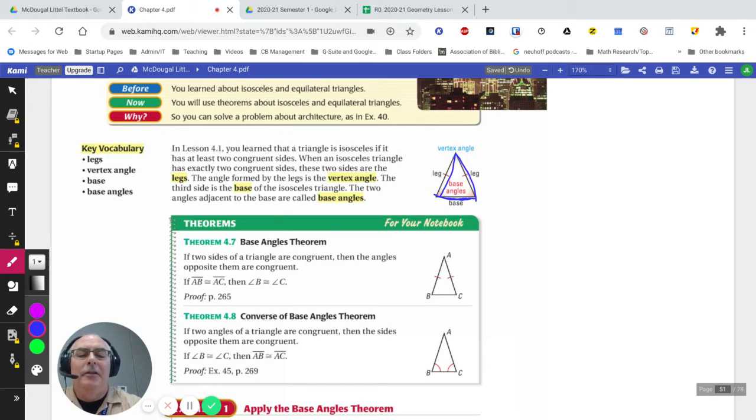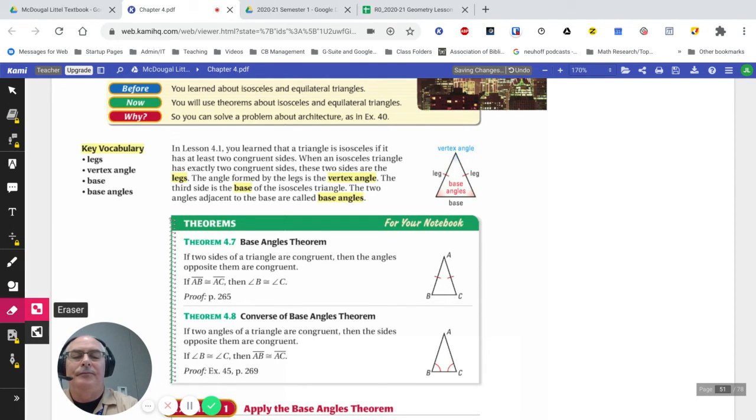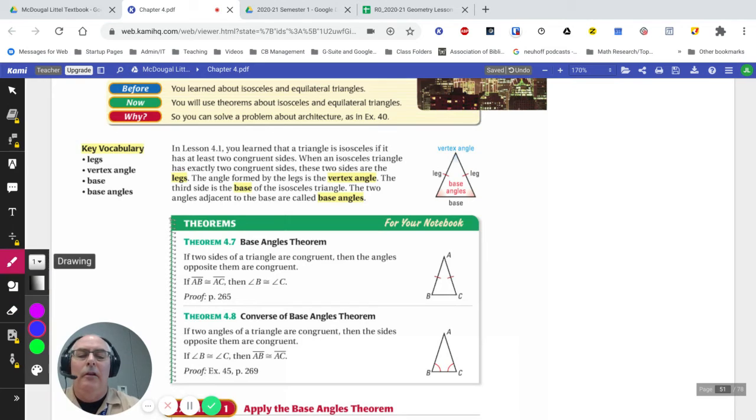We have a specific term for the angles that are created between the leg and a base, and those are called base angles. If I know that I have an isosceles triangle because the sides are equal, I know that the base angles are going to be equal.